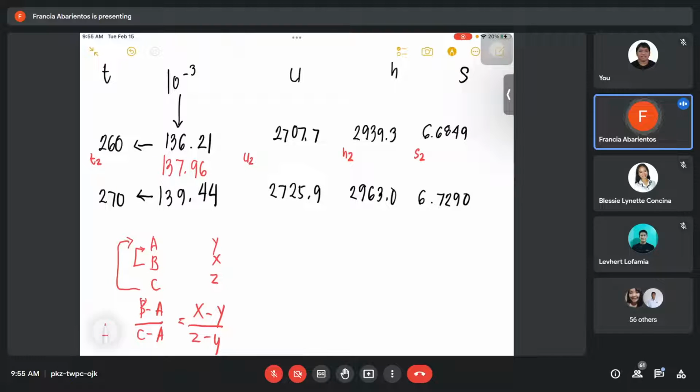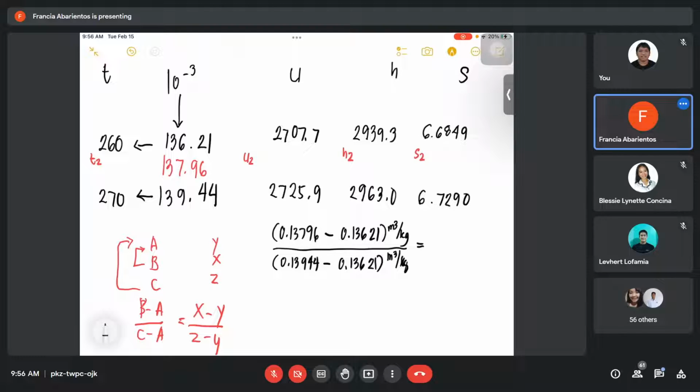We can use now the first equation sa interpolation. 137 minus 136.21 cubic meter, pakita pa rin, class, yung units, divided by 0.13944 minus 0.13621. Ayan. So, this is now your basic.